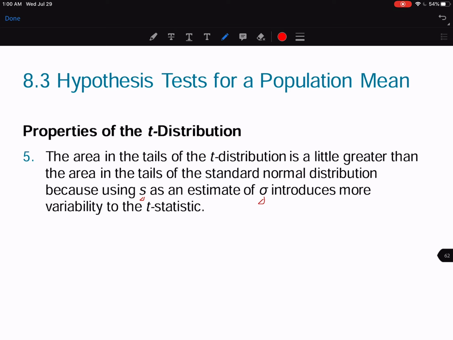As I just mentioned, different samples will probably give us different sample standard deviations, which means the sample standard deviation itself changes. It is a variable. That means this brings more variability to the distribution, which makes the tails of the t-distribution longer than the tails of a standard normal distribution.